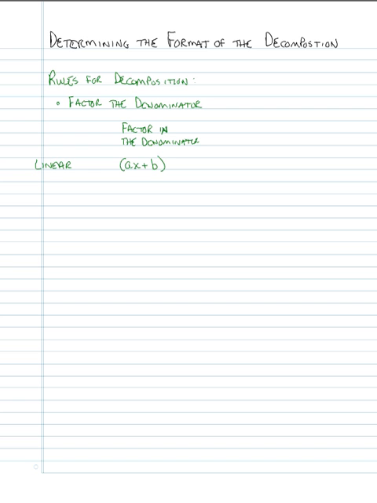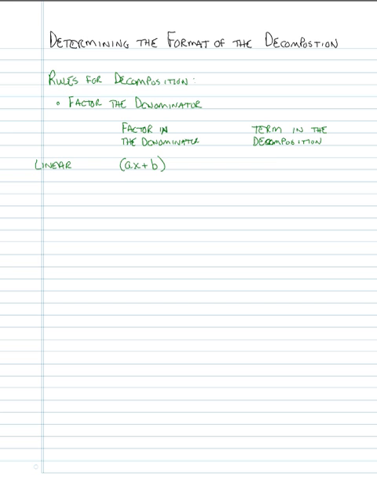If we have a factor that's of the form ax plus b, then for every factor in the denominator of the fraction, we have a term in the partial fraction decomposition. So this factor is associated with a term in the decomposition, and it looks like this.